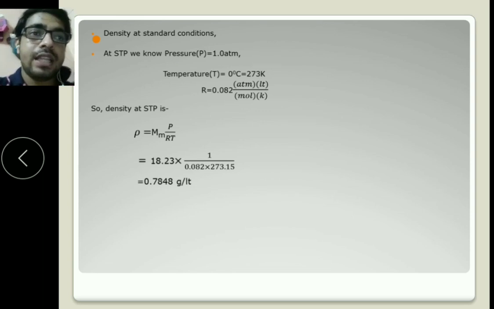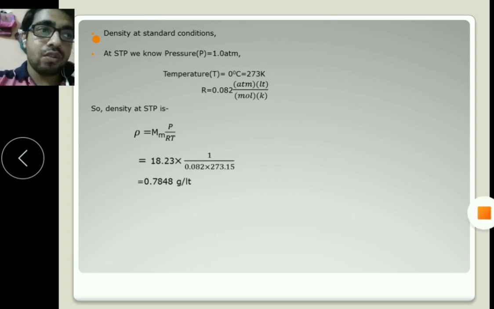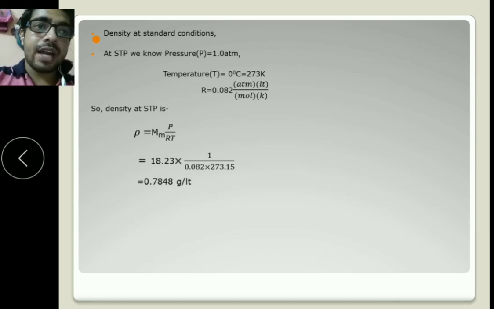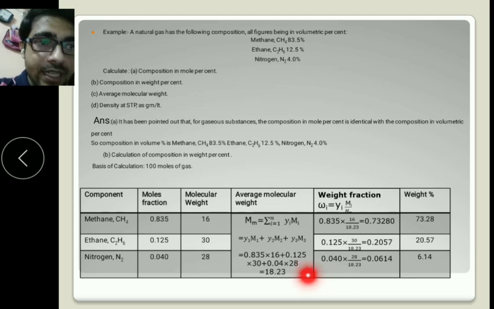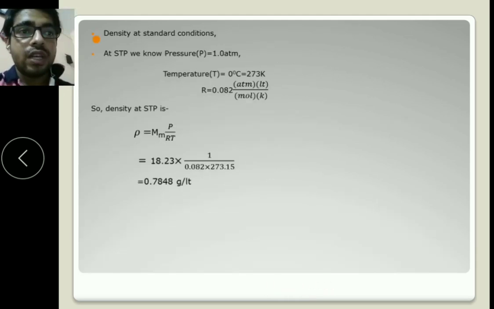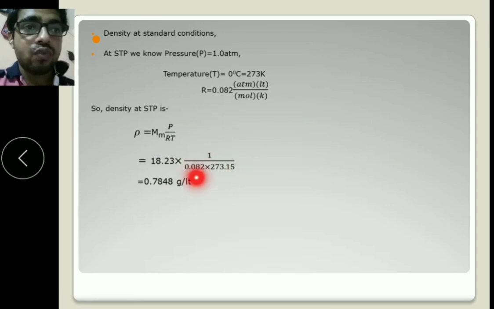The formula is rho equals Mm by RT, and the value of Mm we found here is 28.3. P equals 1, R equals 0.082 and T equals 273.15, and I found rho equals 0.7848 gram per liter.